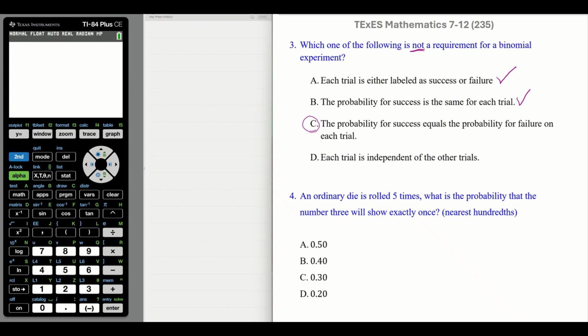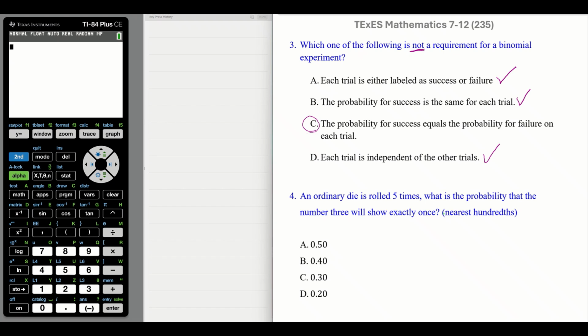Okay, let's go ahead and check D. Each trial is independent of the other trials. Yes, that is a requirement for binomial experiments. You can't change things up as you go. Okay, that's why we use situations like a die or a coin, because they are naturally independent trials. Okay, so C is correct.